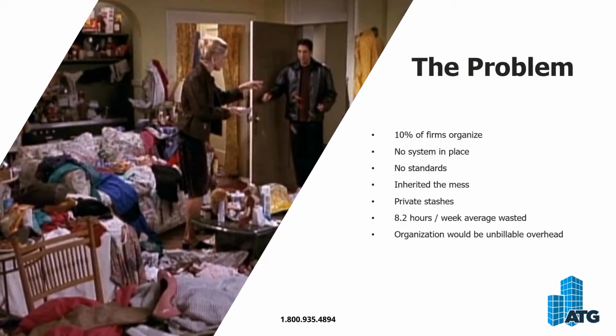So this is an enormous number. 8.2 out of 40 hours a week are spent with this. You're looking at about 20% of your billable time in this funnel. And so what that means is, if this part of what you do is inefficient at all, it's going to have a tremendous impact on your overall firm's efficiency.